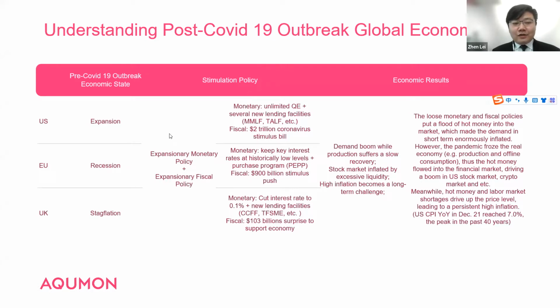We can see that for the developed markets, the most important stimulation policy was expansionary monetary policy plus expansionary fiscal policy, especially expansionary monetary policy. For example, for the United States in 2020, after the outbreak of COVID-19, the M2 of the United States grew around 25%.